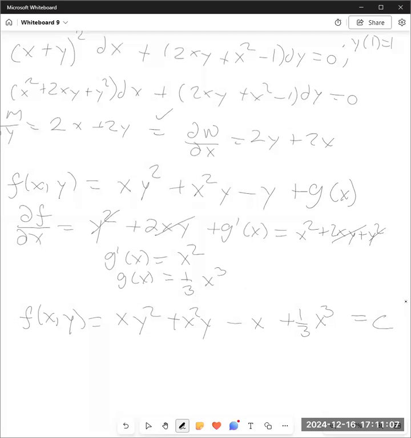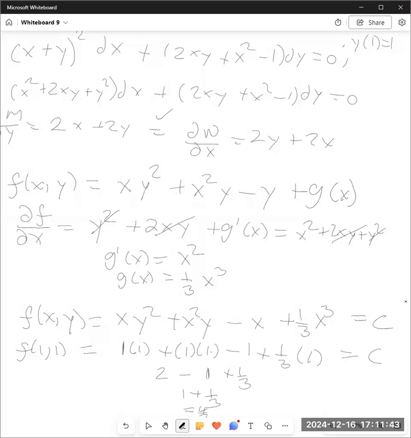So this is going to be f of (1, 1) is going to be 1 times 1 plus 1 times 1 minus 1 plus 1/3 times 1 cubed is equal to C. So 1 plus 1 is 2, minus 1 plus 1/3. 1 plus 1/3 is 4/3.